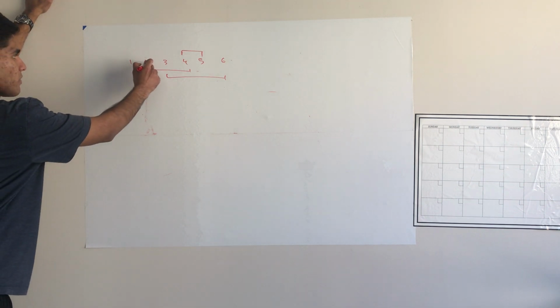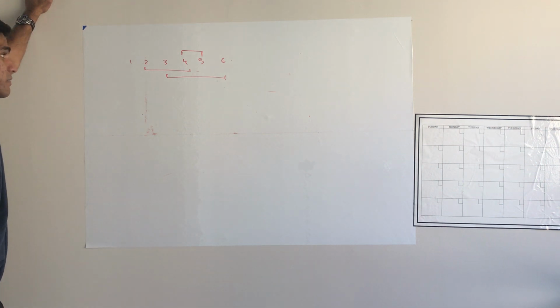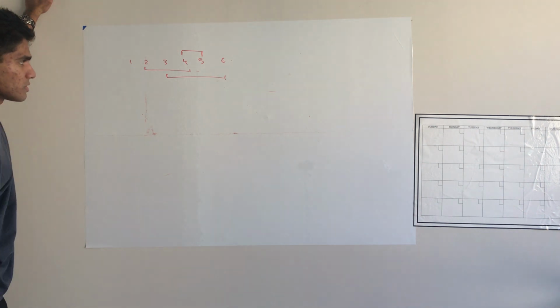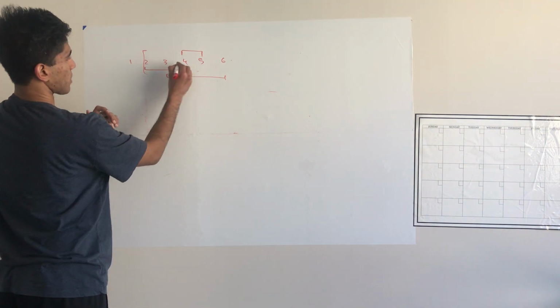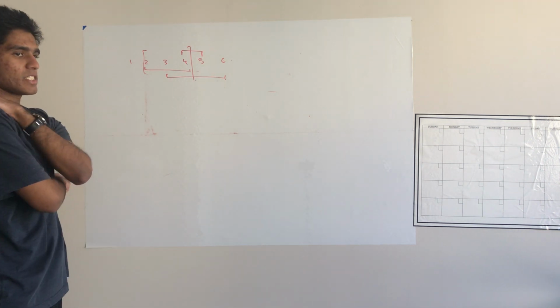If these values in the array, if it's not an array but rather a string, these could be characters. So a substring or a subarray, if it satisfies a property.